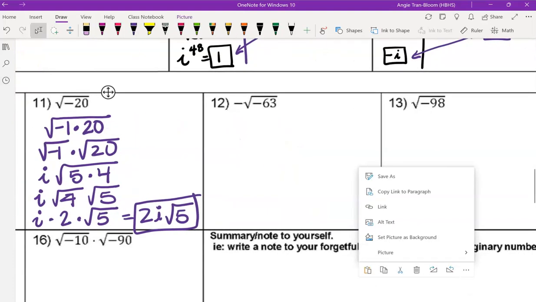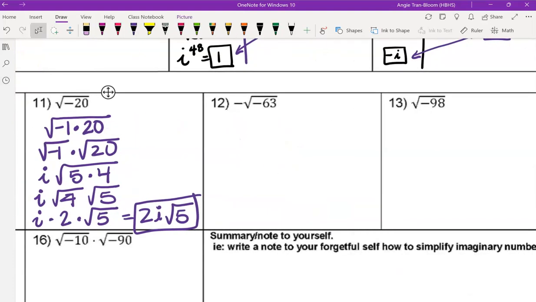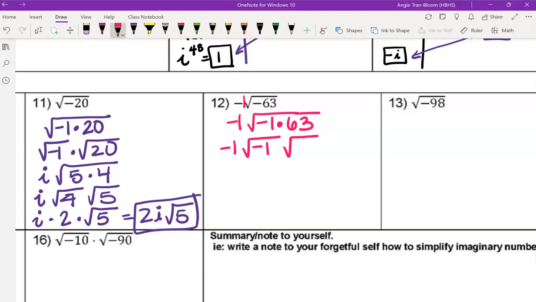Negative in the front. If you don't see a negative number in the front, students, feel free to write it as a negative 1. So it's going to look like this. Negative 1 times square root of negative 1 inside times square root of 63. So negative 1, break it up as square root of negative 1 times 63. 63, students, is going to be 9 times 7.